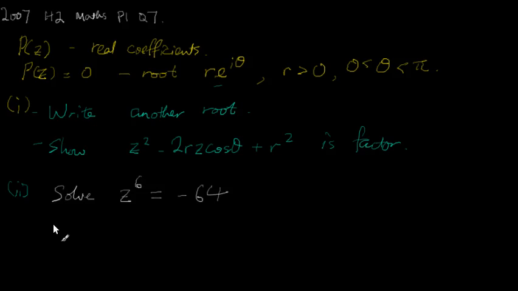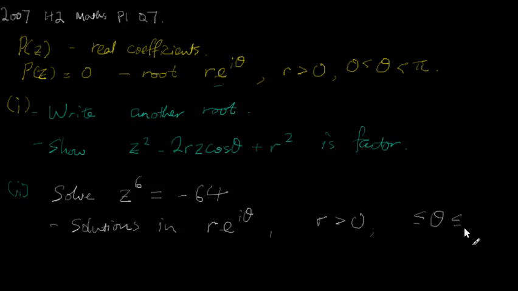We must give the solutions in the form r e^(iθ), where r is positive and θ must be more than −π and less than or equal to π. So I have to put the solutions in this form.